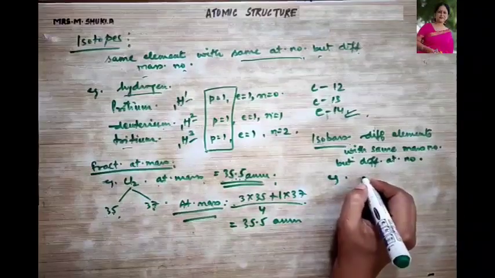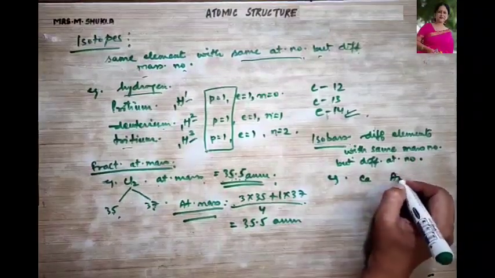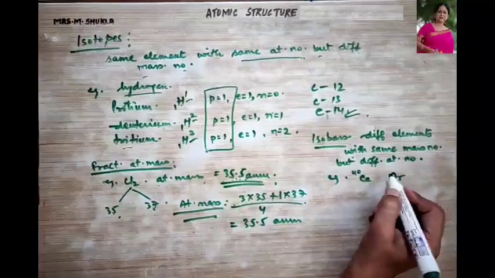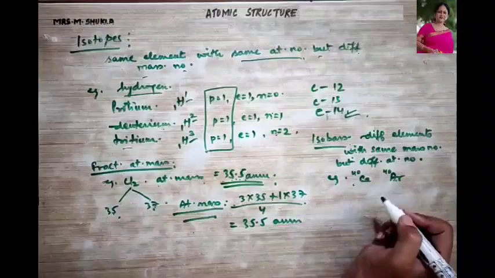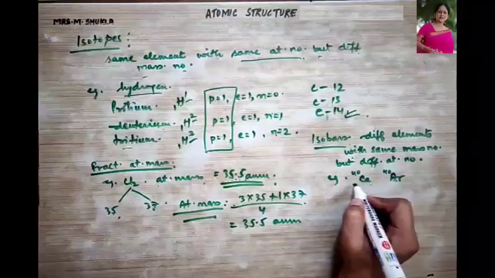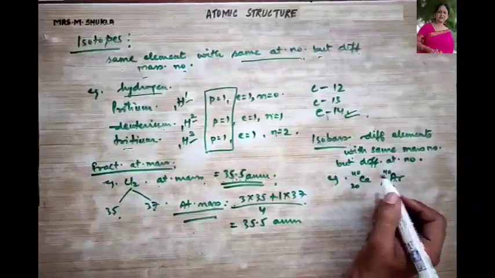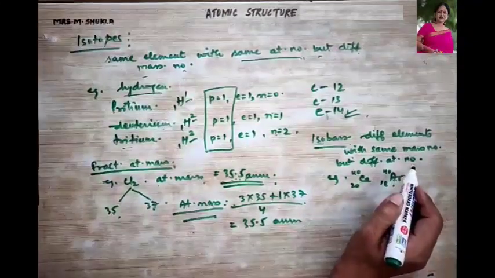Example, you can take calcium and argon. Calcium atomic mass is 40 and argon atomic mass is also 40, whereas their atomic numbers are different. Calcium it is 20 and argon it is 18. So these are the isobars.